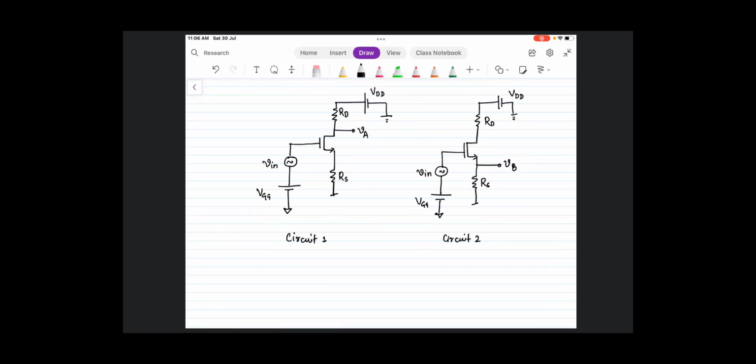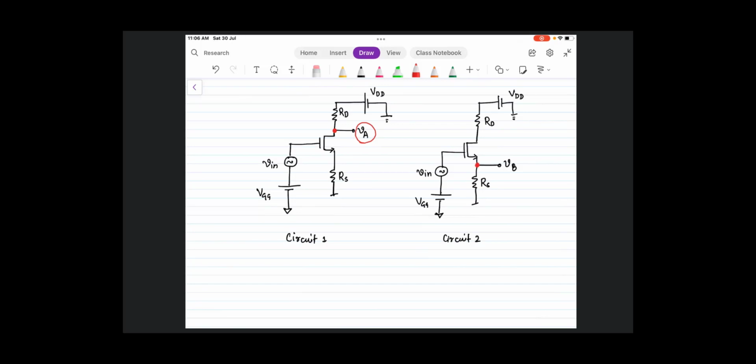In circuit 1 I am taking the voltage from this terminal of the MOSFET, and in circuit 2 I am taking it from this terminal of the MOSFET.